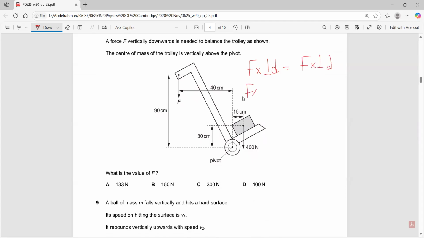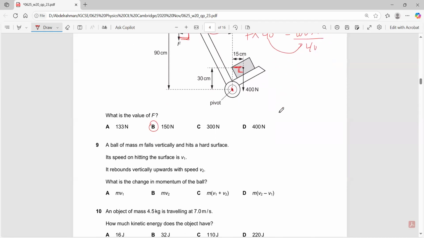The unknown force times the perpendicular distance all the way to the pivot is 40, because you need the perpendicular distance. This is 90 degrees. So F times 40 would be equal to 400 times 15. Again, 90 degrees. 400 times 15, so if you divide by 40, this will give you a force of 150 newtons.